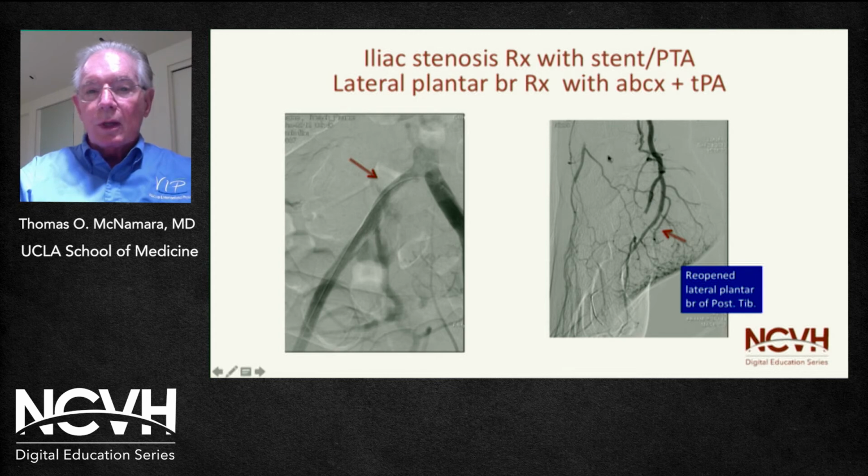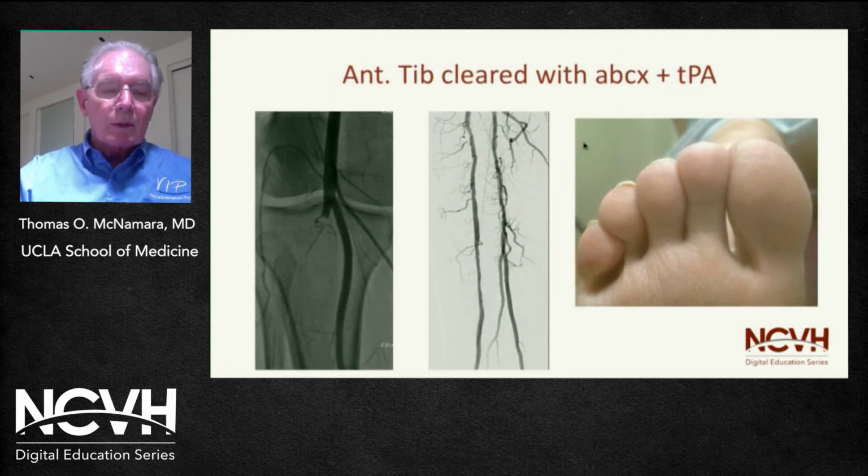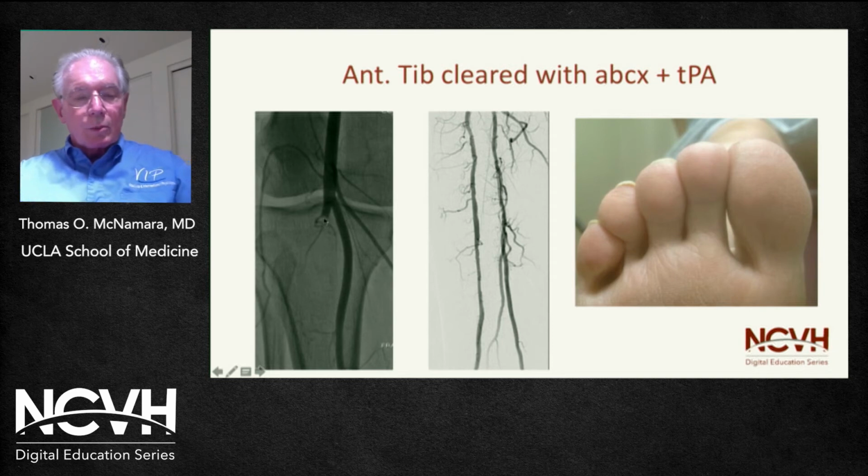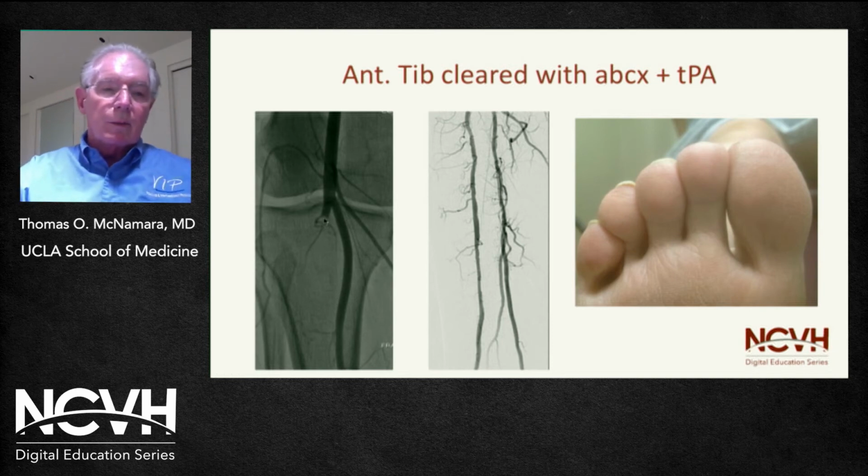However, we noticed that whereas on the initial angiographic appearance, there was flow in the distal anterior tibial, there's not now. So looking proximally, we see that some of that material that we had treated was probably able to embolize with the stent implantation. So we now have a new occlusion of the anterior tibial artery.